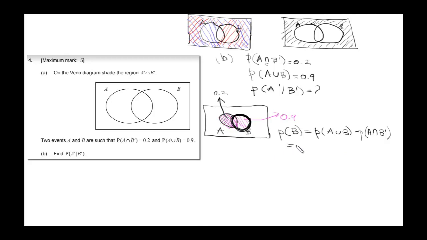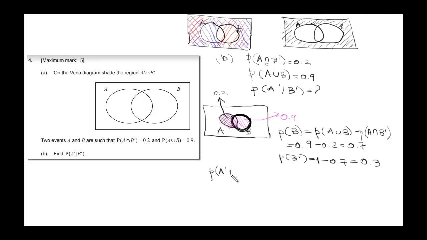So that will be equal to 0.9 minus 0.2. Probability of B is equal to 0.7. Therefore, probability of B dash is 1 minus 0.7, because probability of B plus probability of B dash is a certain event, 1, that is 0.3.